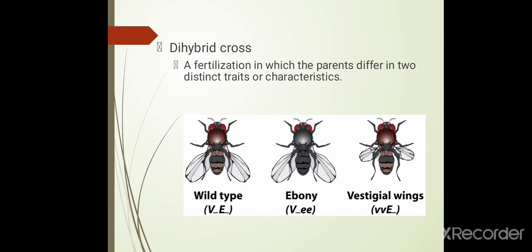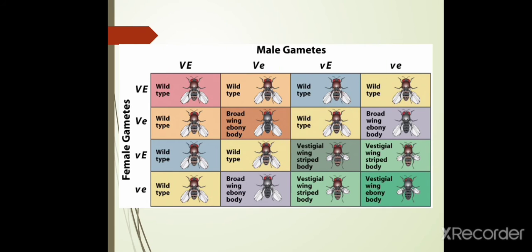So this is the dihybrid cross, a fertilization in which the parents differ in two distinct traits or characteristics. As you can see in the picture, that's an example of a dihybrid cross. Another example in male gametes.